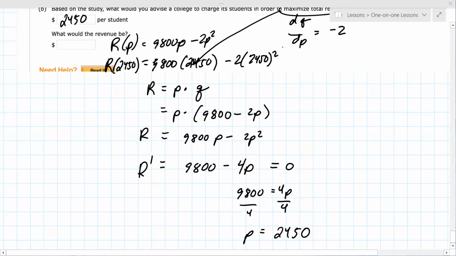Let's get that number. Yeah, it's pretty big. It's 112,500,000. Actually sounds about right for a small university.